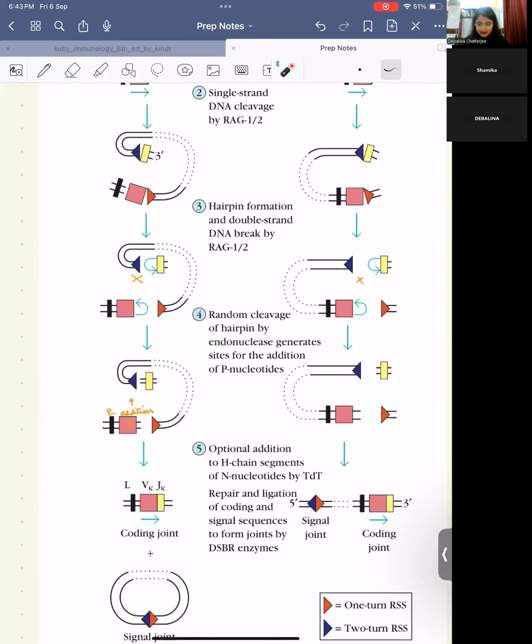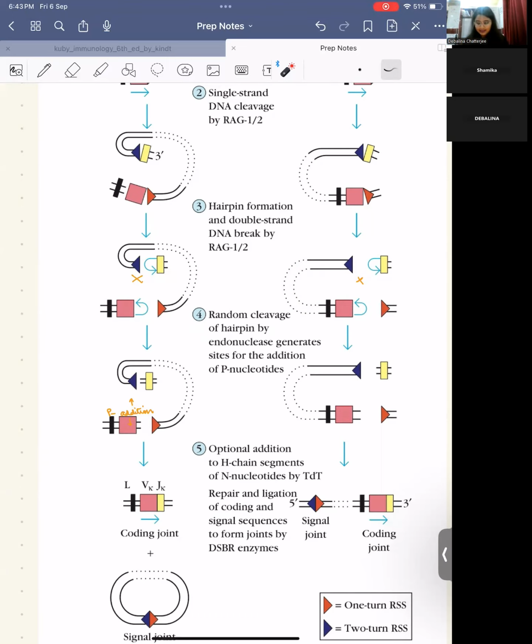But on this side, where we have inversional recombination happening, the cleavage that has been made here is now completely separated off, and along with this coding region, we have the signal sequence from the other gene segment attached to it. It is all about the orientation, the way these two sites have been brought together.